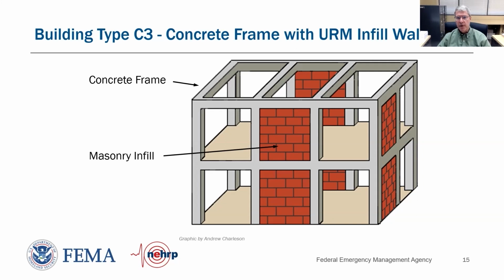C3, or concrete frame with URM infills. The key thing with a concrete frame with URM infill walls is this is a concrete moment frame, older vintage. So these represent old buildings, and oftentimes what they did was they had masonry that they infilled between the columns and the beams, and it's non-structural, but it acts in a structural manner in that it takes loads, or seismic forces, first, as our building starts to displace from the earthquake.